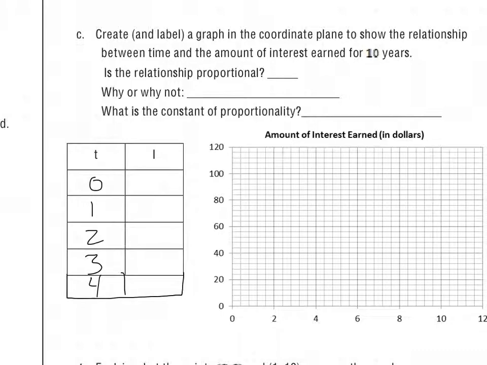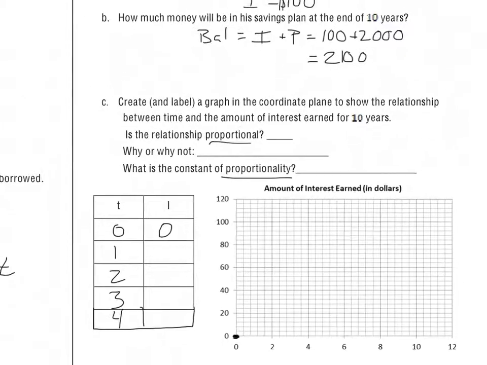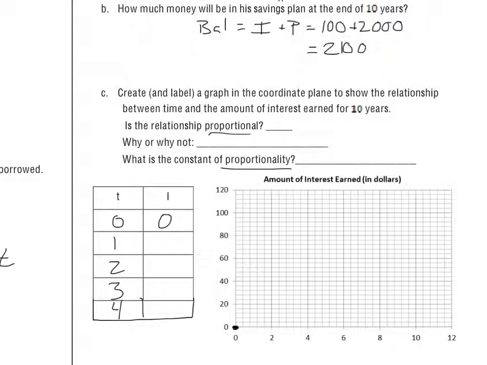So obviously after 0 years you're going to have earned 0 interest. That's an important point, especially when we start to look at this question over here about whether it's proportional or not. Remember, if it's to be proportional, it has to go through 0, 0. After 1 year, he earns $10, which means after 2 years it's 20 and 30 and 40 and so on.